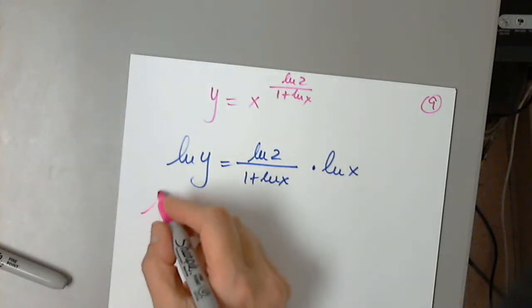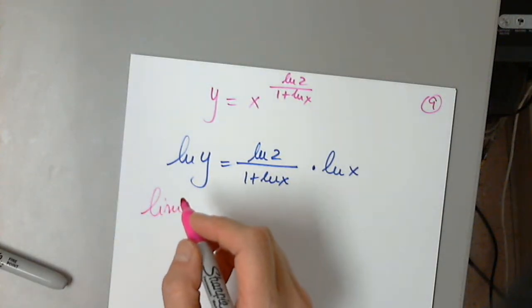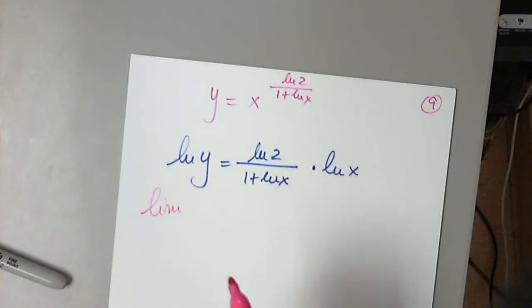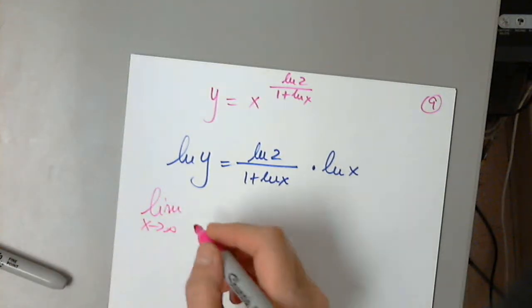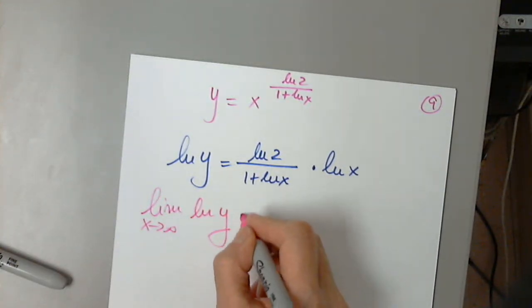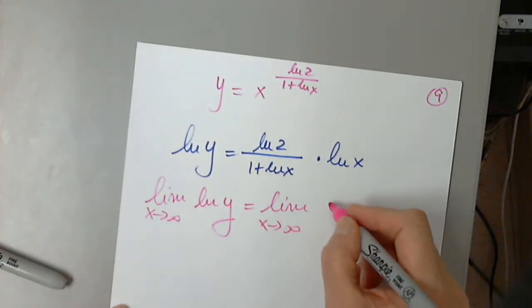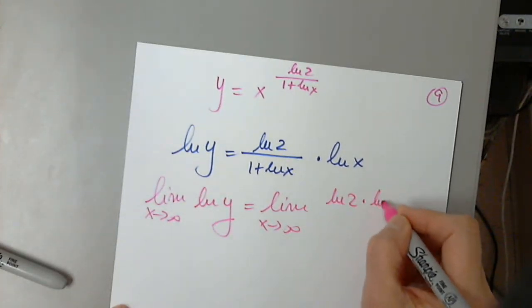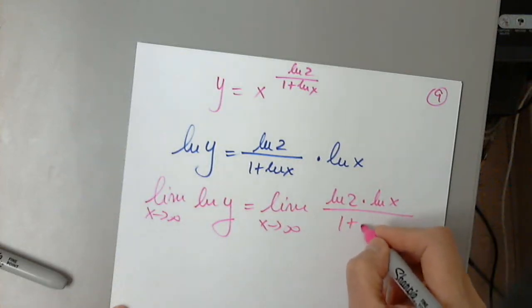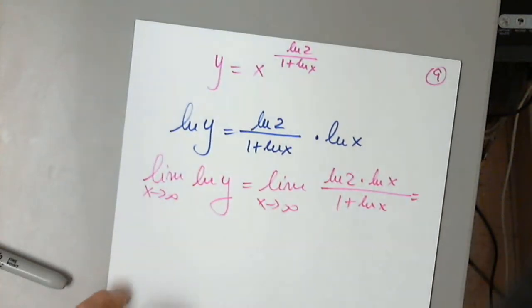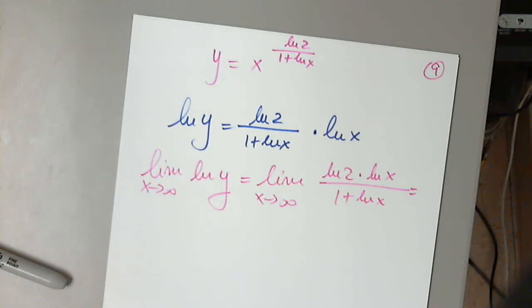So I apply the limit: limit as x approaches infinity of natural log y equals limit as x approaches infinity of natural log 2 times natural log x over 1 plus natural log x. This is actually quite friendly. Quite nice. Don't worry, natural log 2 is a constant, you can put it in front.